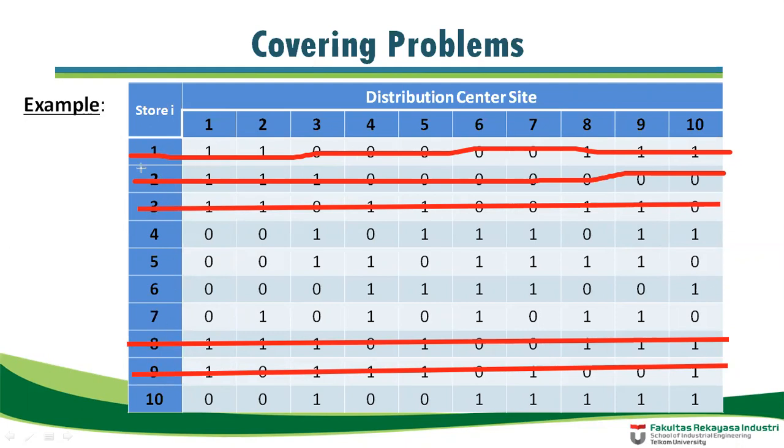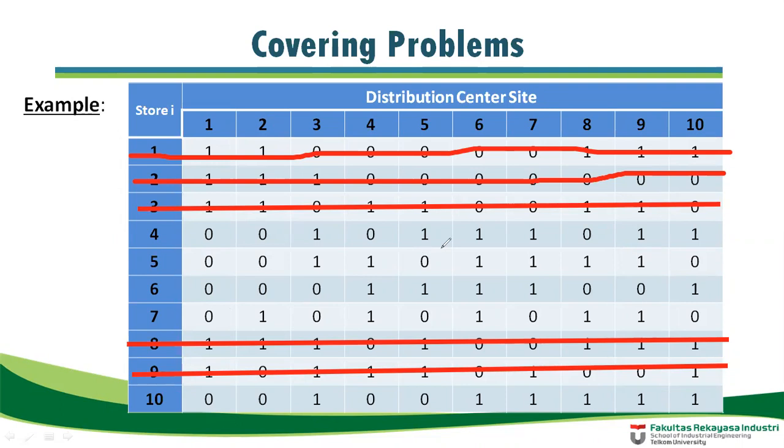Now let's take a look again. If I choose DC number 2, it only serves store number 7. It means we still have to build another DC.